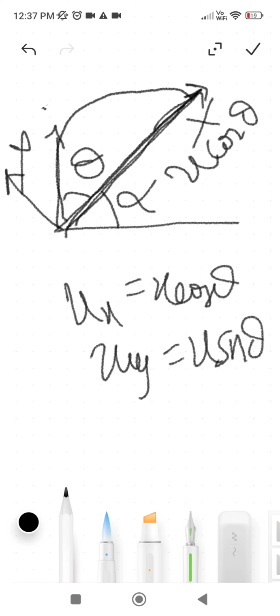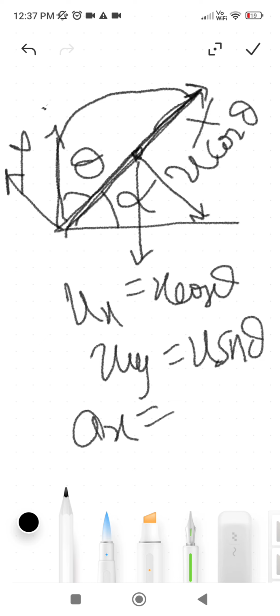The next thing is, what about the accelerations? Let me assume a mass to be here. So it will be resolved into components. This is the normal. This will be helpful in Newton's laws as well.